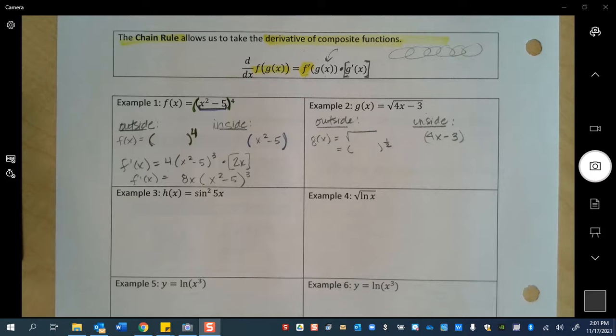Inside, outside functions? Okay. So notice with the square root function now, if you do enough of these, when I watch somebody do calculus who's been doing this for a very, very long time, they don't bother to rewrite this to the 1/2 power because they have it memorized exactly what happens.